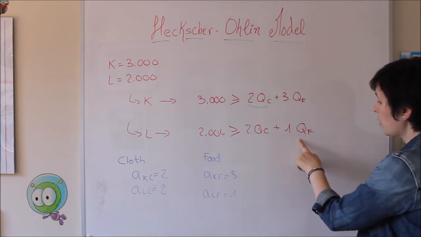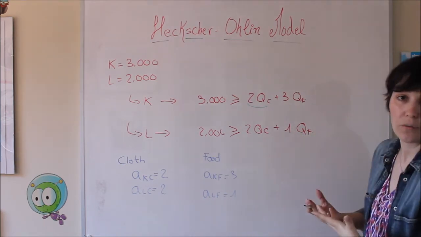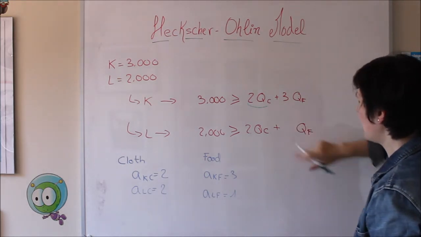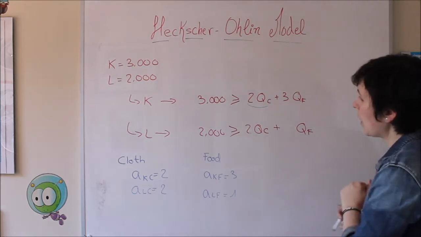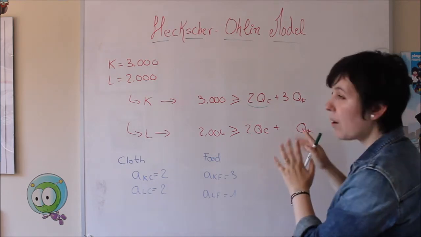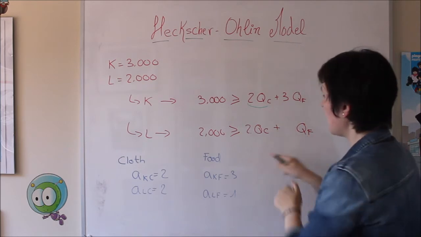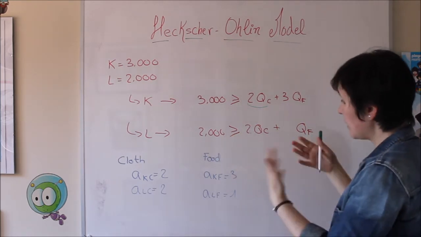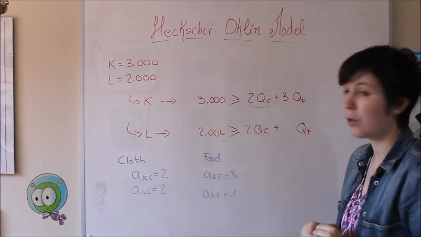So if we increase in 1 unit, if this is 1, total use of labor is 1. If this is 2, it's 2. So that's why we can take off this 1, because it's the same value, right? So here we have all the possible combinations that can be generated given the amount of capital and the amount of labor that we have.